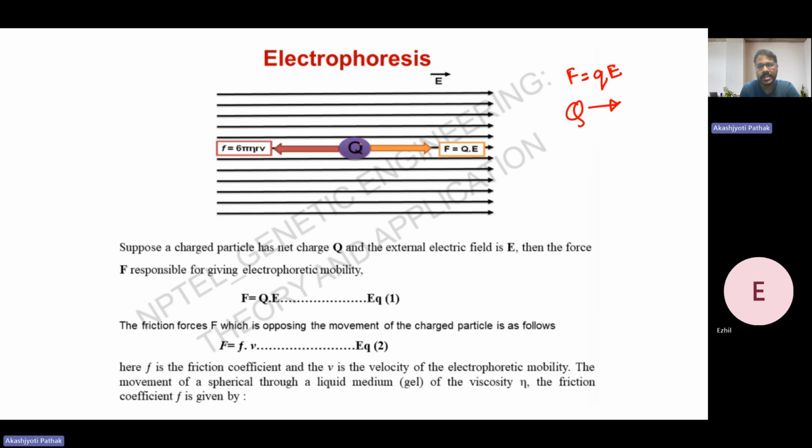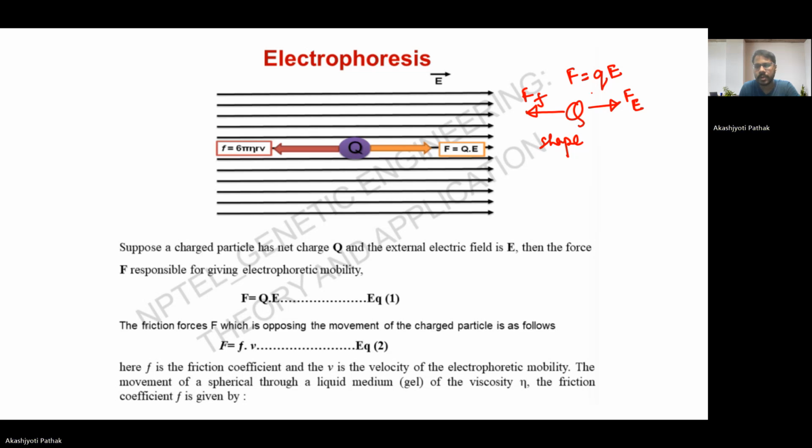Now, other than this, the protein sample has a particular shape, isn't it? Depending on the shape, it will also experience a frictional force. This frictional force will oppose the force applied by your electric field. The electric field will apply a force along the direction of the electric field, while this frictional force will oppose the mobility of the charged particle.